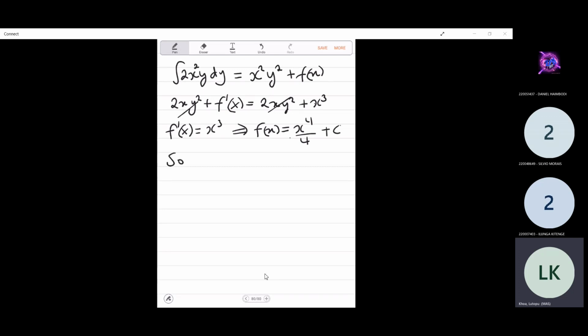So our solution is x squared y squared plus x to the power of 4 over 4 plus a constant, and as always, you can rewrite it as equal to C.